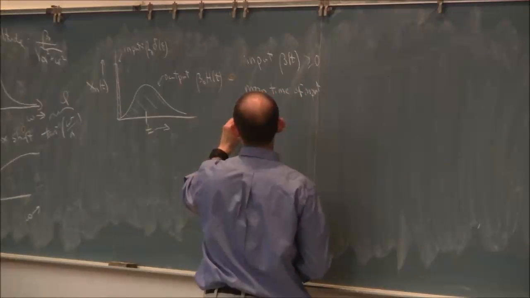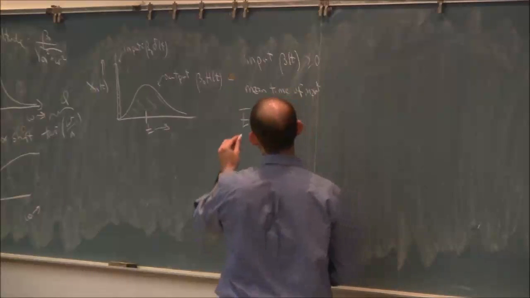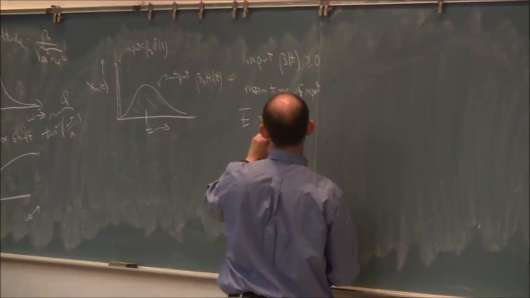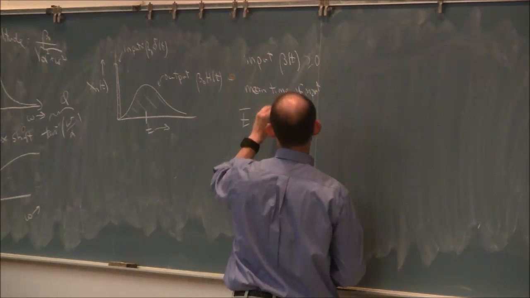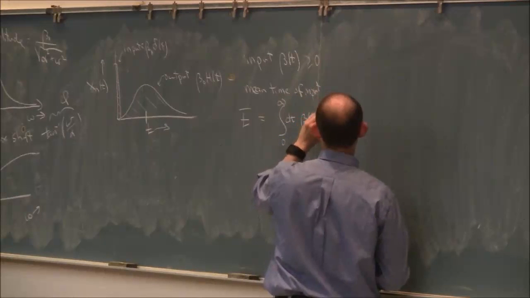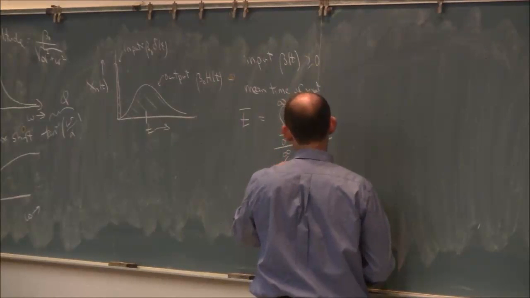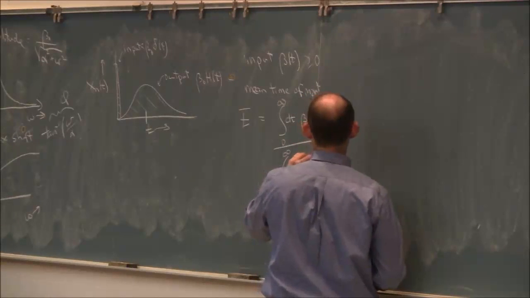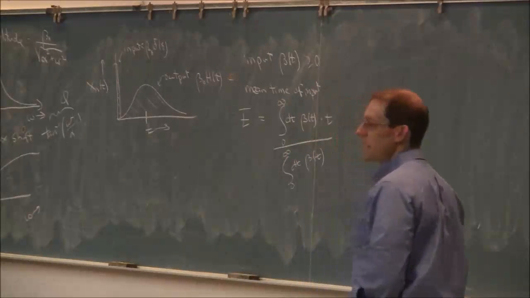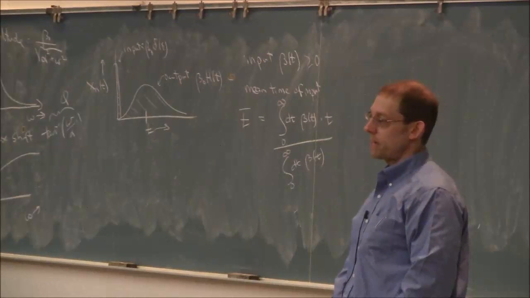I'll call it, in the notes, t bar. So the way that we're going to define it is we integrate over all time beta of t times t, and then normalize it by the strength of the input at that time. So just a weighted average of time where time is weighted by the input.